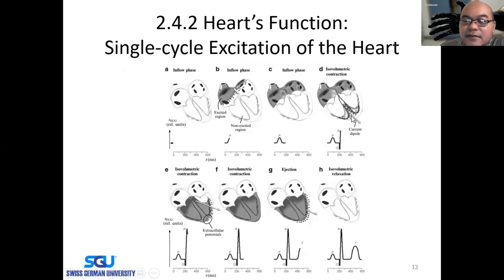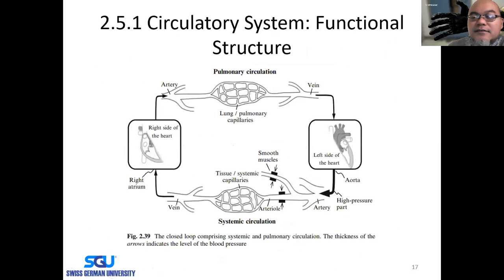The current dipole, pointing to the bottom middle here, will shift towards the left. So this left part will pump the strongest, pumping the blood from the left ventricle to the rest of the body through the systemic circulation.